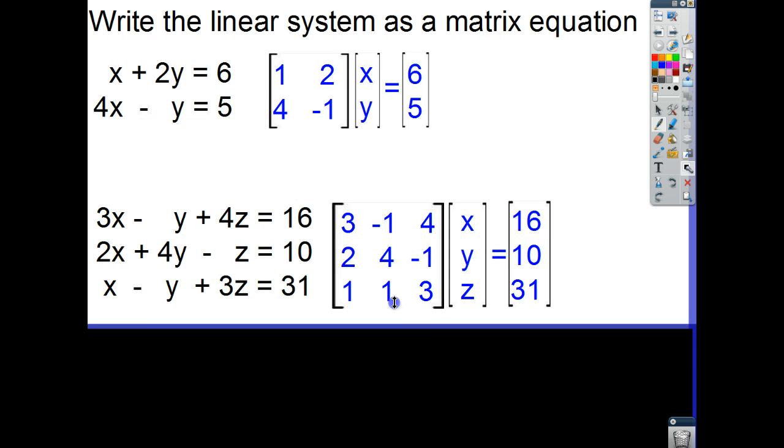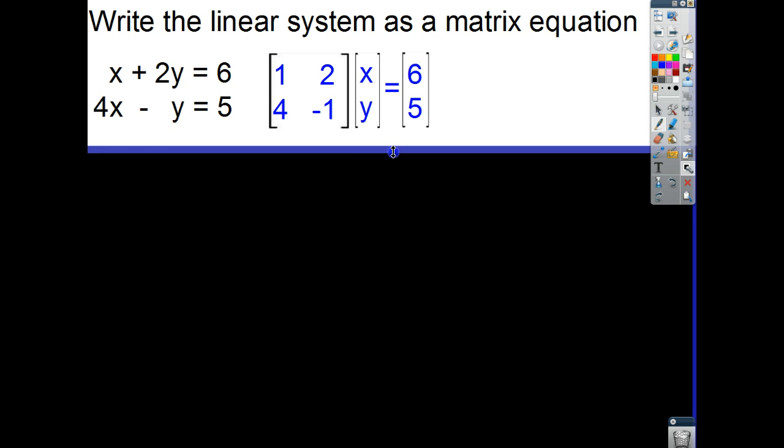Okay. All right. So some more practice with writing a linear system as a matrix equation. This kind of mirrors our homework problems. So I'm going to give you the system of equations, and what you'll have to do is what I have in blue, write it as a matrix equation. Well, we've got some missing numbers over here, so I'll go ahead and put them in so you can see there is a 1 in front of that, and there's a 1 in front of this y.